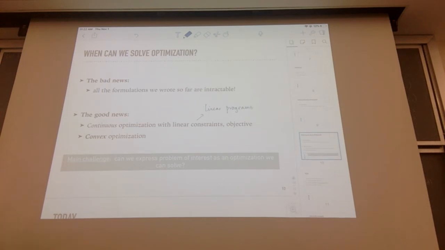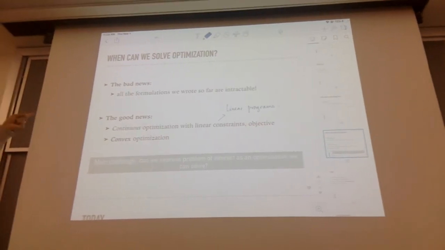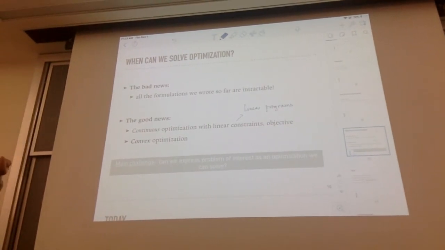They turn out to be a special class of what is called convex optimization, which we have seen earlier in this class, if you remember, in the context of local search.